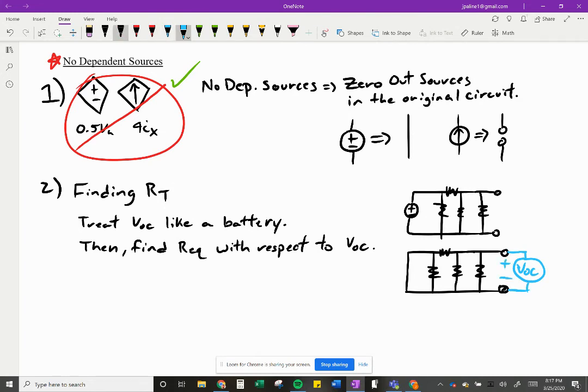And we're going to take our equivalent going that way. So typically, we usually work that way for our normal circuits, but now we're going to be working left to right. Okay, and we're going to break it down to where there's only one resistor, which is our equivalent. And when we find our equivalent, that is going to be equal to our R Thevenin.